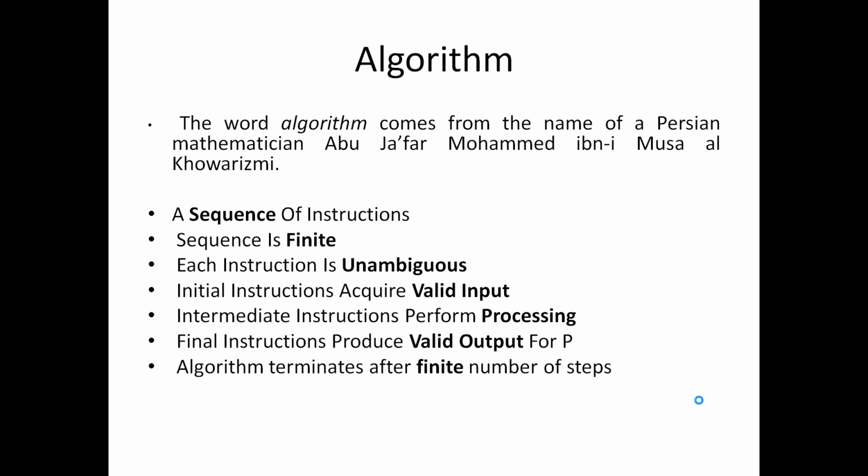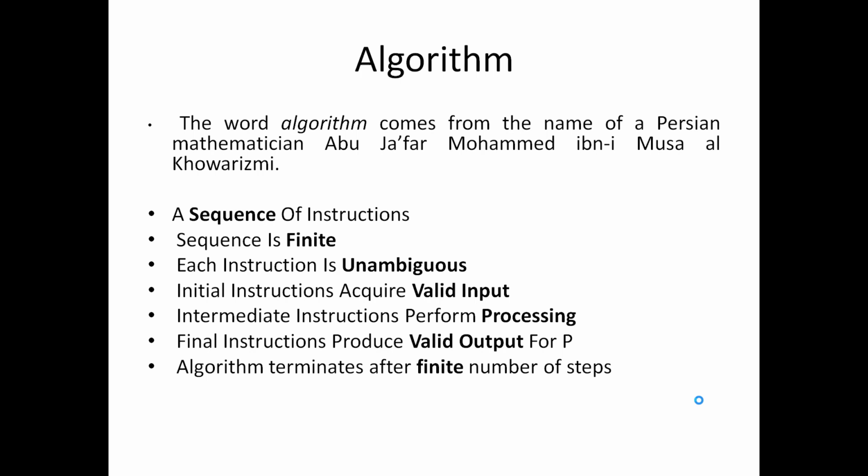And whatever the sequence of instructions we are having, these instructions must perform certain processing so that the given input can be transformed into a valid output. And after producing these outputs, every algorithm should terminate after a finite number of steps.